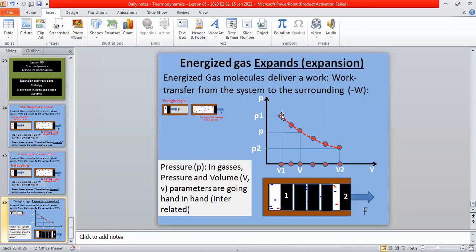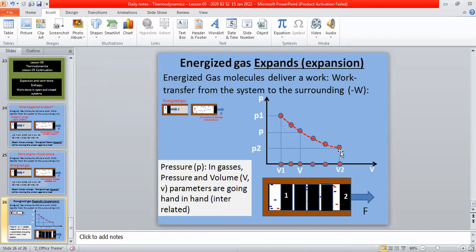So P reduces, V increases. So expansion, this is the way this PV changes. Okay, and that's why I mentioned that P and V go hand in hand.